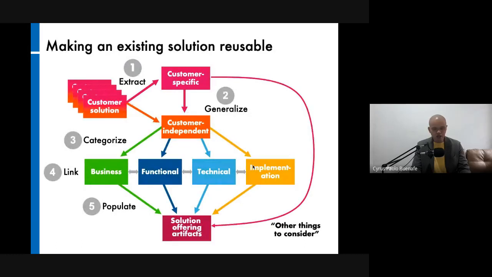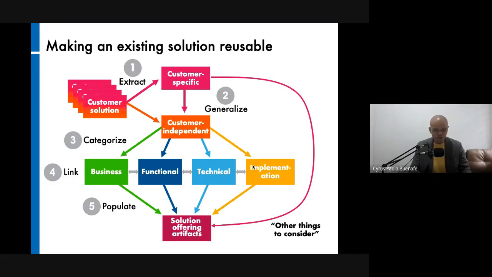So, making an existing solution reusable. First, you notice that you can have multiple customer solutions. These are very specific to the customers, but then they might have something that's common. Now you try to extract what is customer specific and what is customer independent. Your customer independent part is what you generalize, or try to find common ground for.